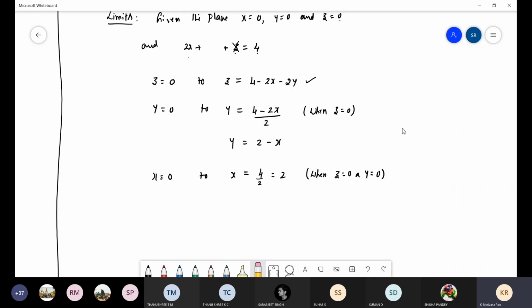No, sir. So how to calculate? To calculate z, you just take all the terms to the right hand side and whatever you get is z. To calculate y, you put z is equal to 0 and you get 2x plus 2y is equal to 4, and from that y is equal to 2 minus x. And similarly to calculate x, put z also 0 and y also 0 and x is equal to 2. Okay, so this is the limit. Let it be. Now calculate the divergence now. Continue now.